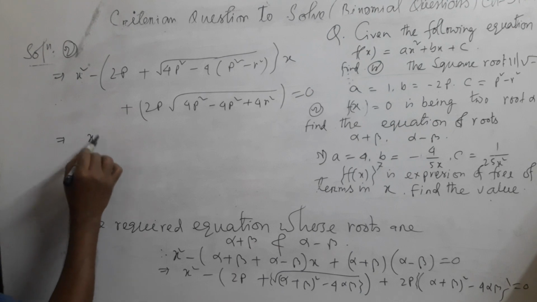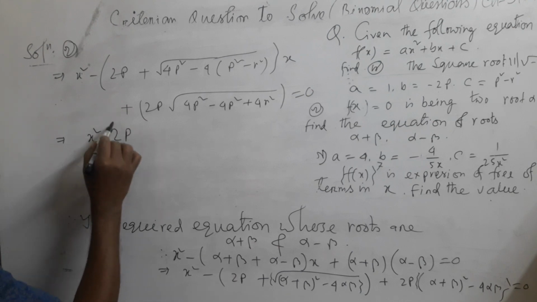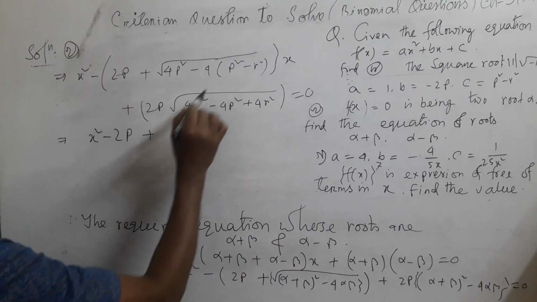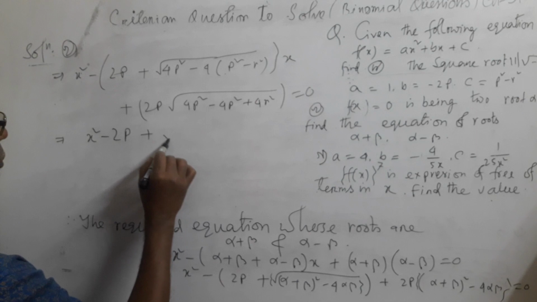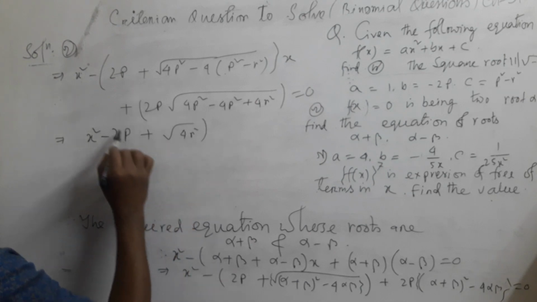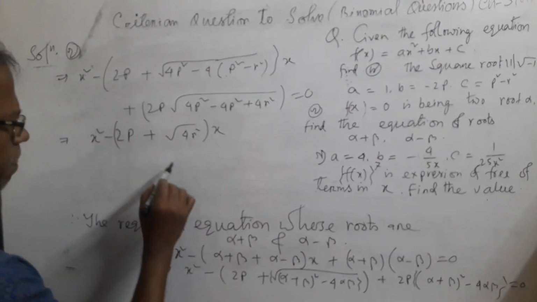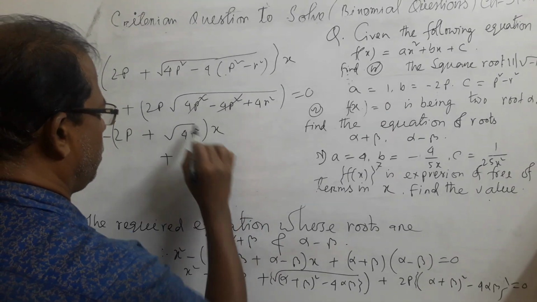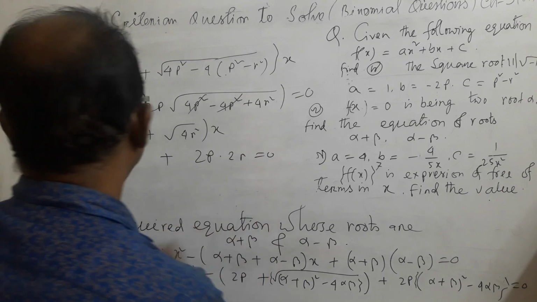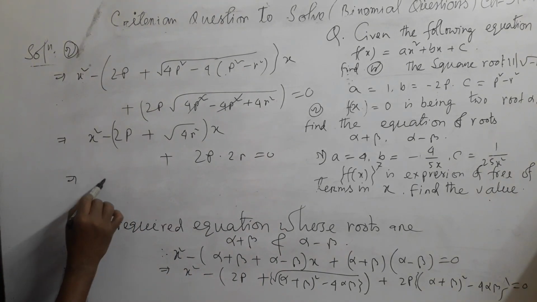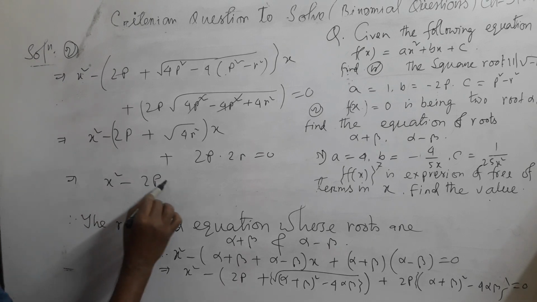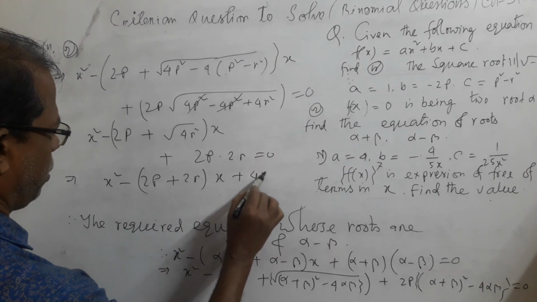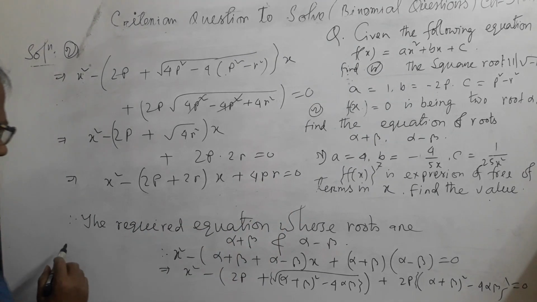That implies x square minus 2p plus the root of 4r square, which is 2r, into x plus 2p into 2r equal 0.